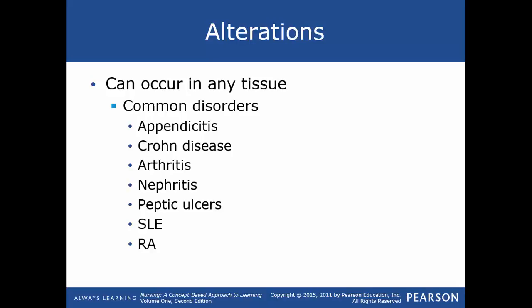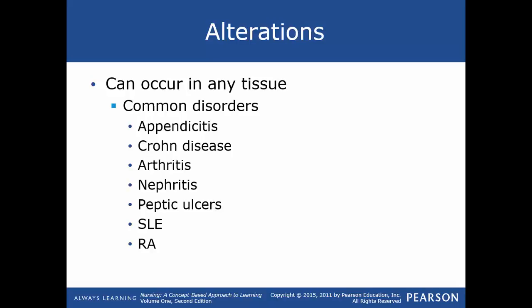All right, alterations can occur in any tissue, organ, or system in the body. These are some of your common disorders that you'll see. We're not talking about all of these at this point in the program, but you can see on there your SLE, that's systemic lupus erythematosus, and then of course RA is rheumatoid arthritis.